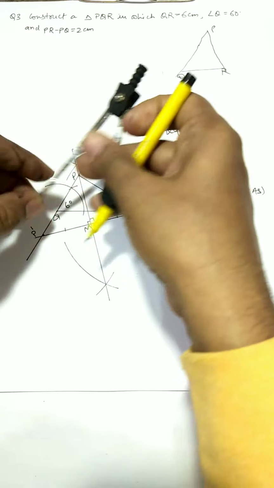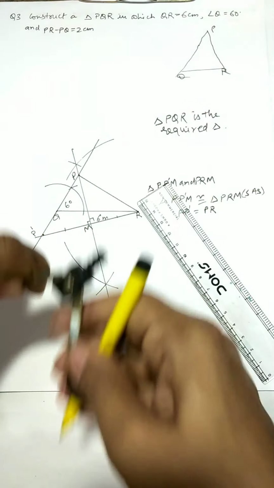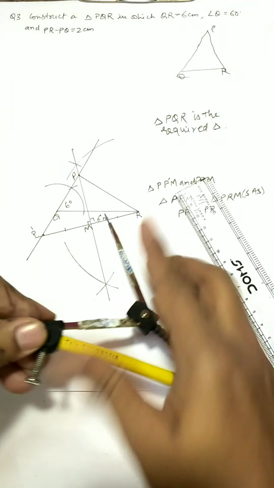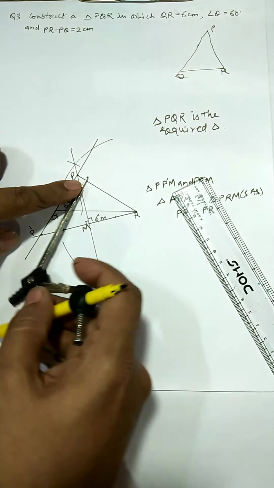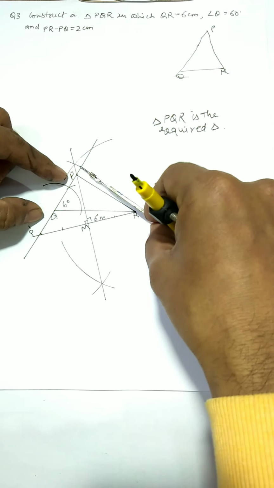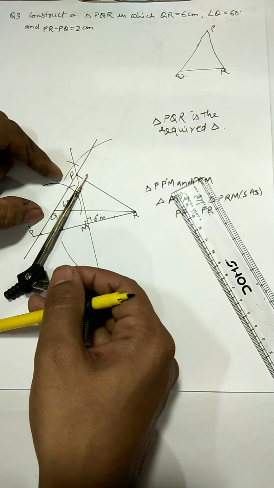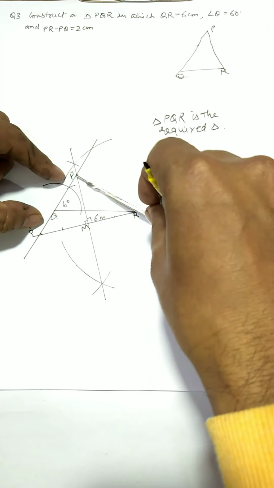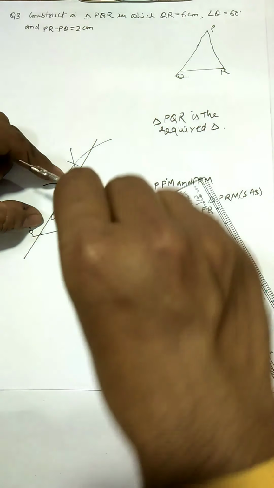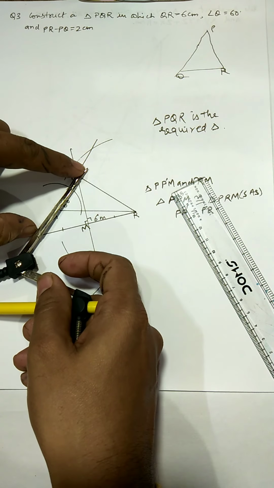Because you can see this thing, if this is your PR and this is your QR, if you drag this PR to this point, only then you are going to get this bigger. You see here, this PR will be greater than PQ if this difference comes down. You can see the difference has to come down.